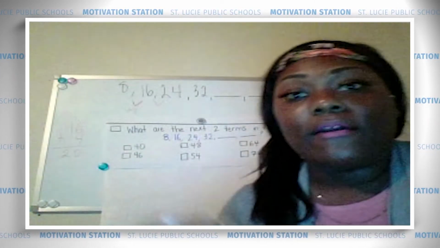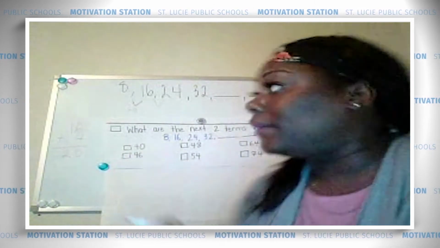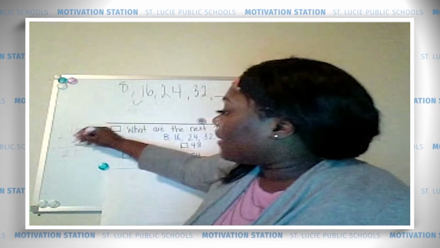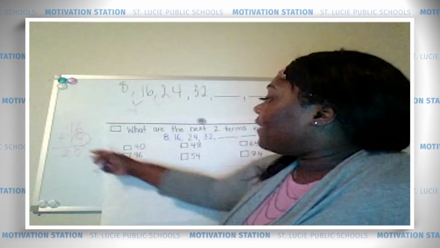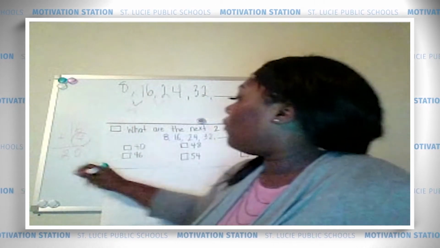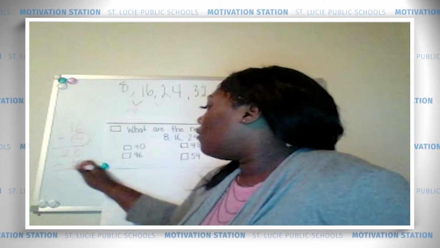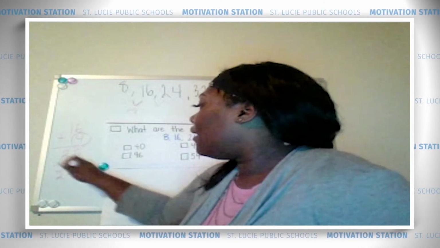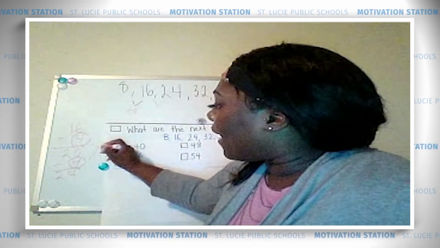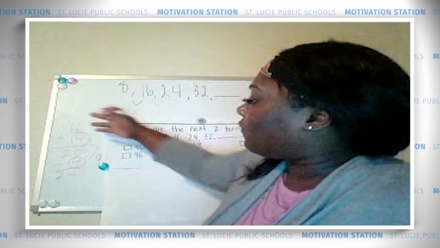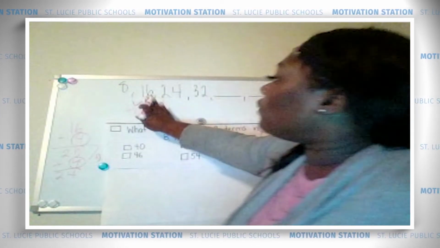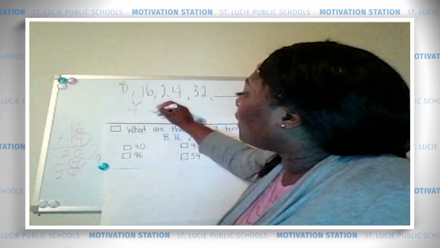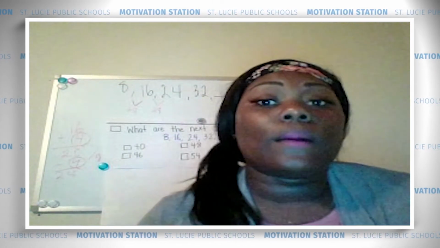And when I'm adding, I always try to work with friendlier numbers. So that's why I decided to add 4. And then from 20 to 24, I would just need 4 more. So far, I have added 8 to get from 16 to 24. So from term 2 to term 3, it is also plus 8.